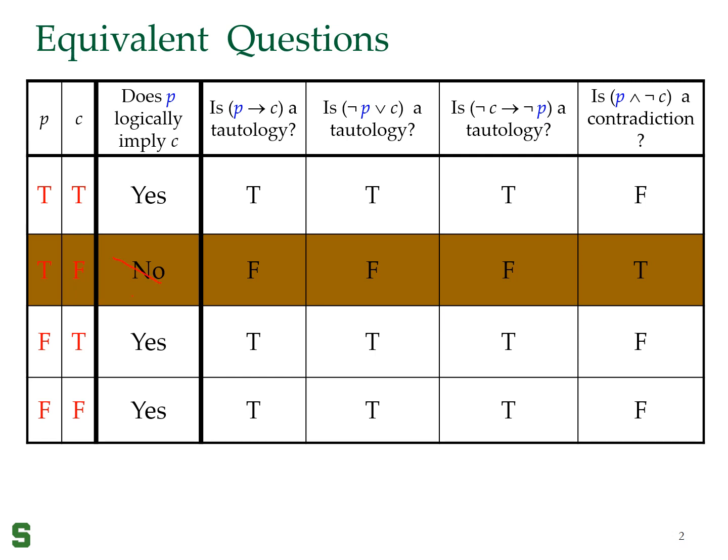These are the scenarios we don't want. Now, if you observe, this is exactly the thing ruled out by: is P implies C a tautology, is not P or C a tautology, is not C implies not P a tautology, or is P and not C a contradiction. And that's why all these statements are equivalent, and we should prove the one that makes most sense to us.